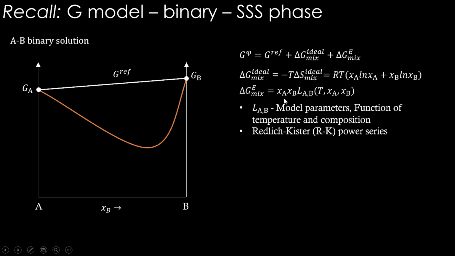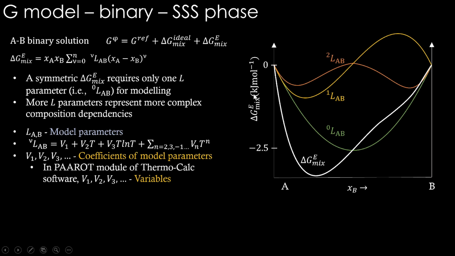Then the excess Gibbs energy, this is the most important part and difficult to model. This is where we use this kind of composition and temperature dependency terms, where L AB comes. L AB is called the model parameters as a function of temperature and composition, and we expressed it using the Redlich-Kister power series. And in the Redlich-Kister power series, we had these different L AB terms coming. We can add as many of them as possible.